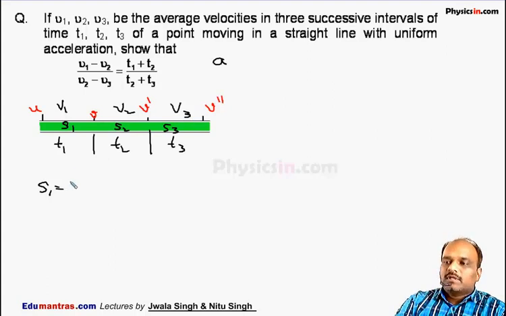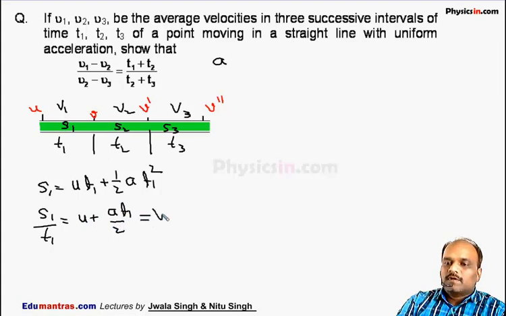So S1 can be written as U into T1 plus half A into T1 square. From here S1 by T1 is equal to U plus A T1 by 2, and this is V1, because average speed is the total distance traveled divided by total time taken.